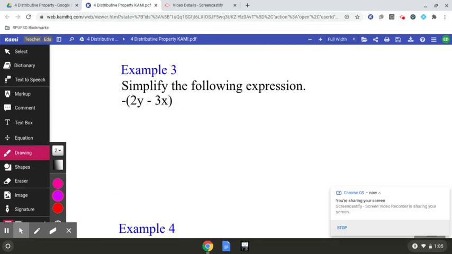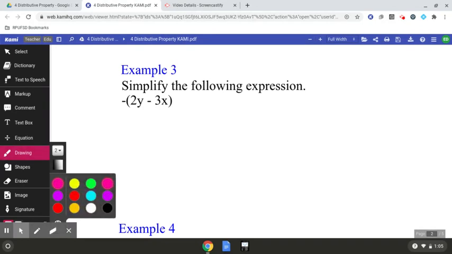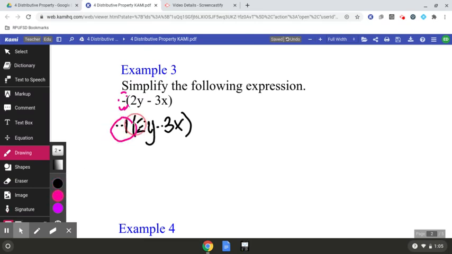Okay, so example 3 is just like example 2A and 2B. The only difference is that there actually is no number written here, right? So when you're looking at this, you're actually going to imagine that that negative is actually a -1. And what's inside the parenthesis would stay the same. So now when you're thinking of distributing, you're distributing that -1.